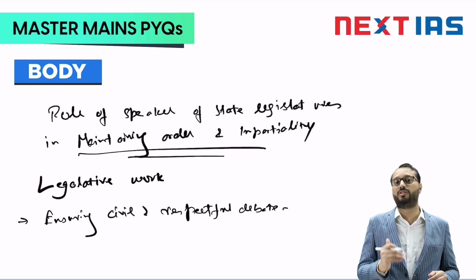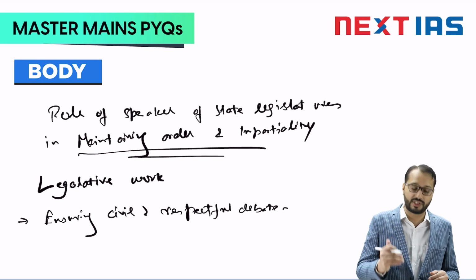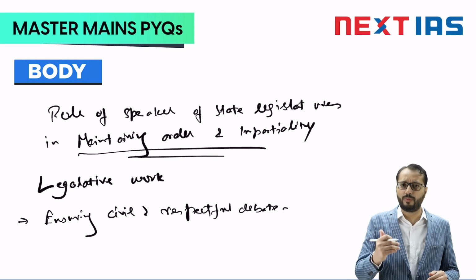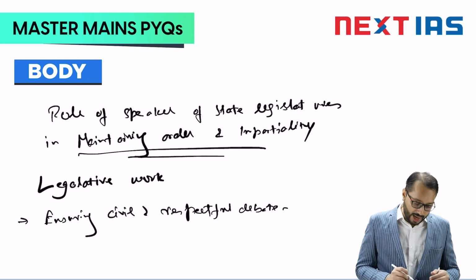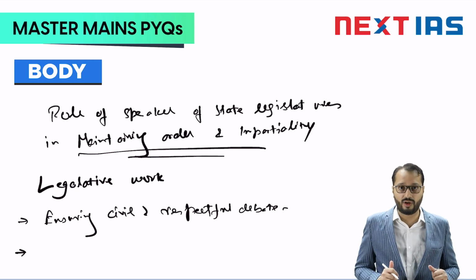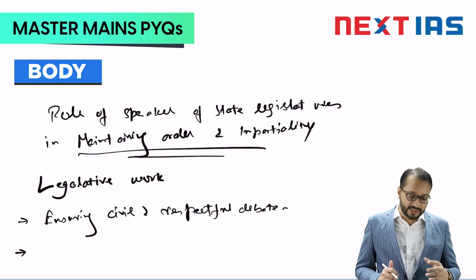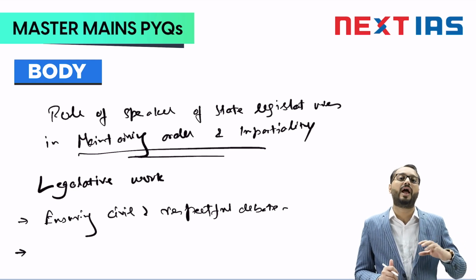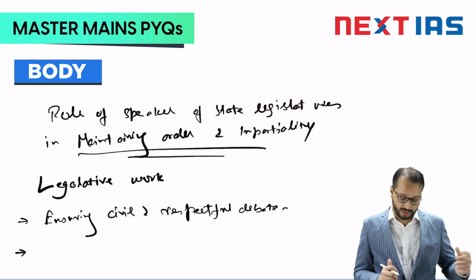So they call to order members who engage in personal attacks, who use offensive language, who try to breach the decorum of the house. Other than that, conducting the business on the floor of the house requires interpretation of the Constitution of India and the rules and procedures of the house, right?